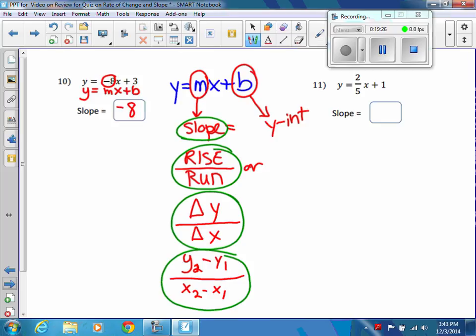It's that simple, just knowing the formula and knowing which letter represents my slope. Okay, on this one here, I have y equals mx plus b. So again, if I circle what matches up, it's this right here. And that one is, slope is 2 over 5 for this one here. And there's my slope. It's really that easy, guys. That's all we need to be able to do for our quiz.